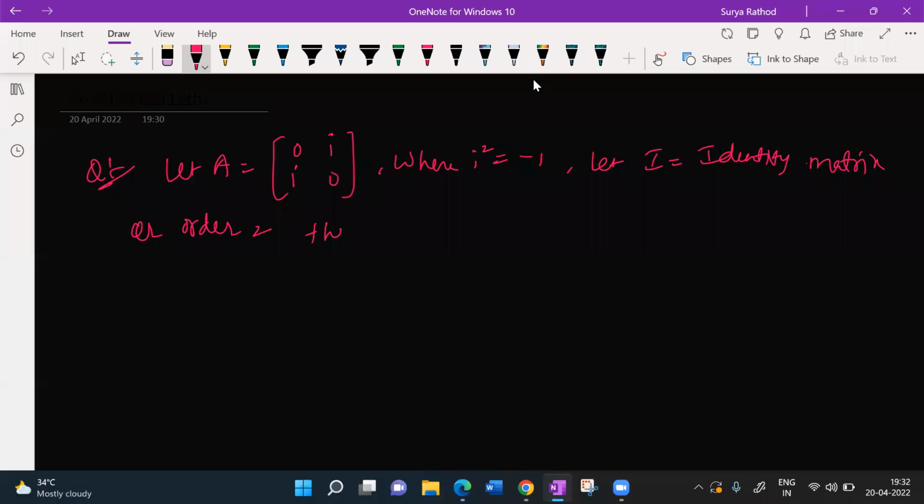Then 1 plus A plus A square plus A cube up to A to the power of 10 is equal to dash.